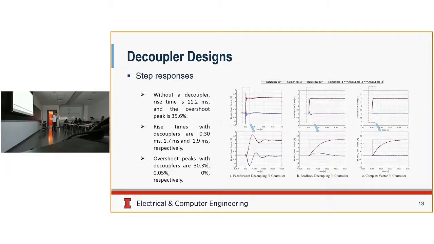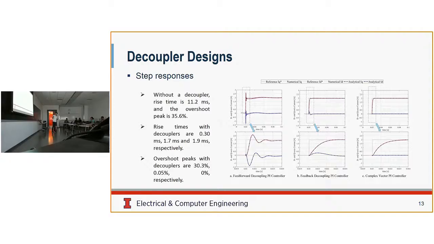Then using these three decouplers, we reduce the rise time to 0.3, 1.7, and 1.9 milliseconds. So in this case, the feed-forward decoupler achieves the highest bandwidth, and the other two decouplers achieve similar performance to the system at zero speed. All these simulations are done at 600 Hertz.